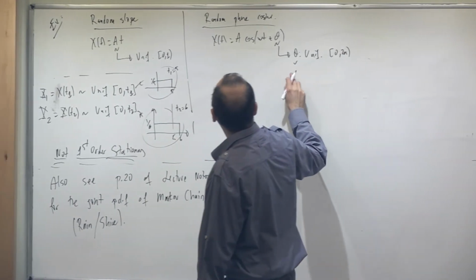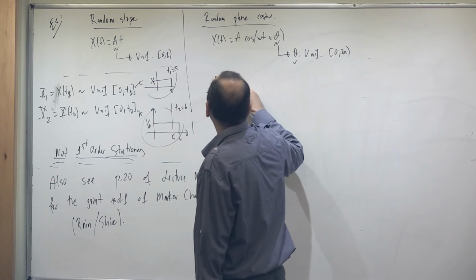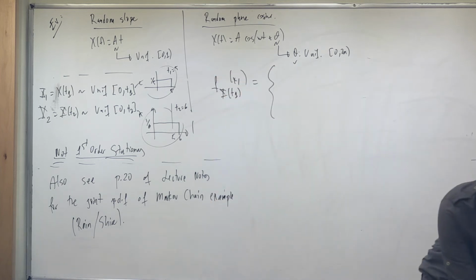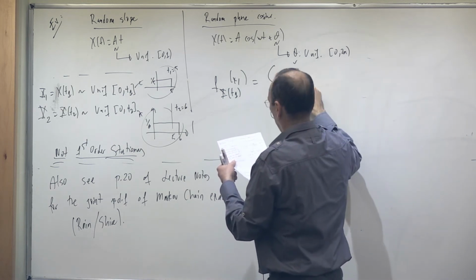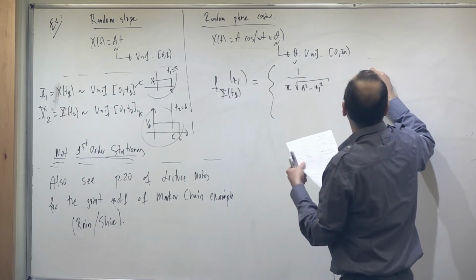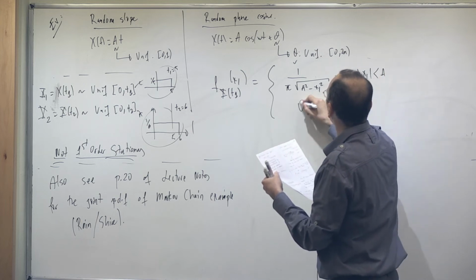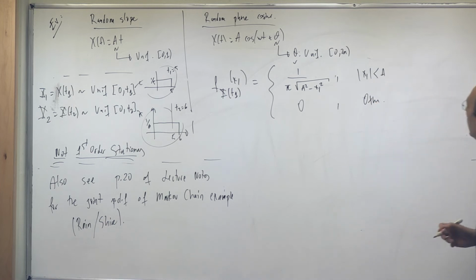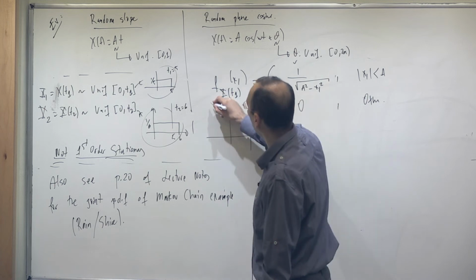So how about this one? This one was a little bit more complicated to write. This is like 1 over pi. Okay, so this is the density that I sketched at the beginning of this hour.